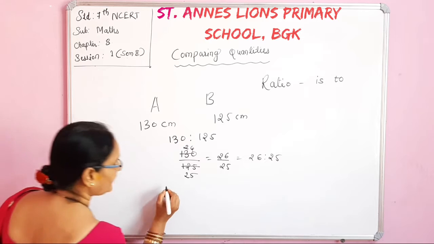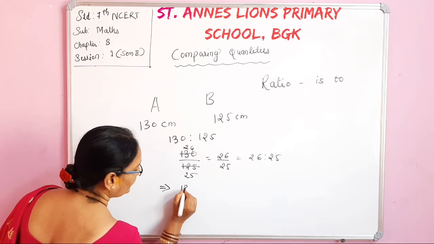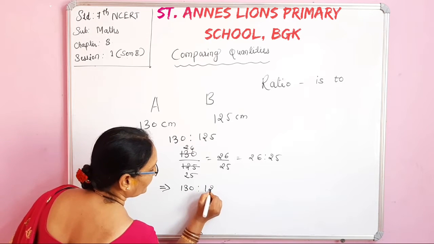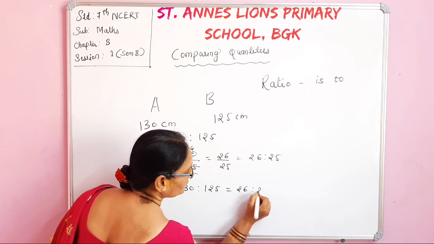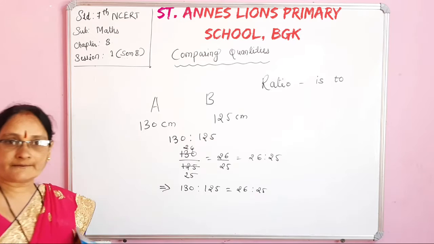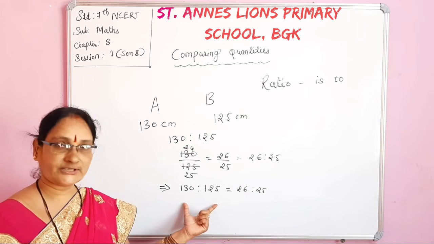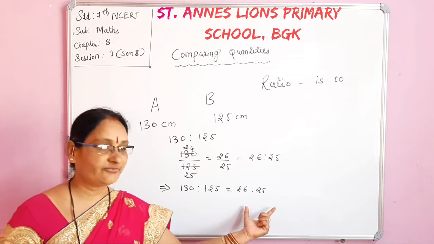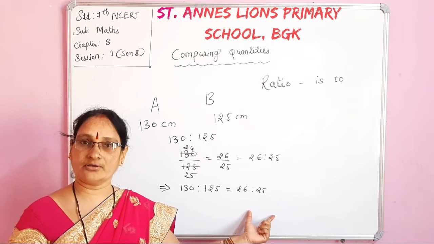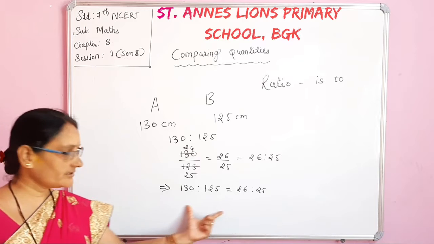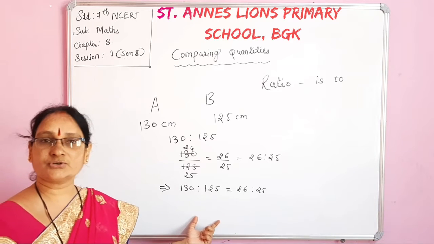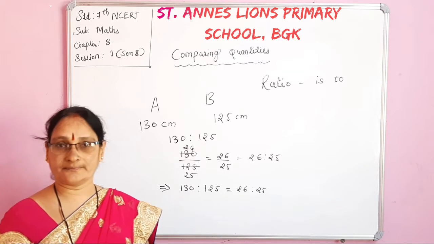Now we can write this as: this implies that 130 is to 125 is equal to 26 is to 25. The given ratio is written in simplified form. I hope you all are following. Very important. So this is converting the given ratio into its simplest form.